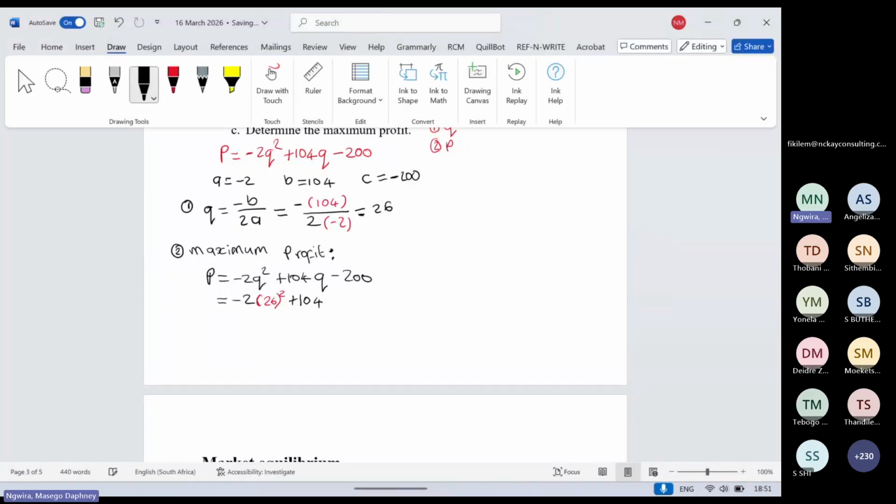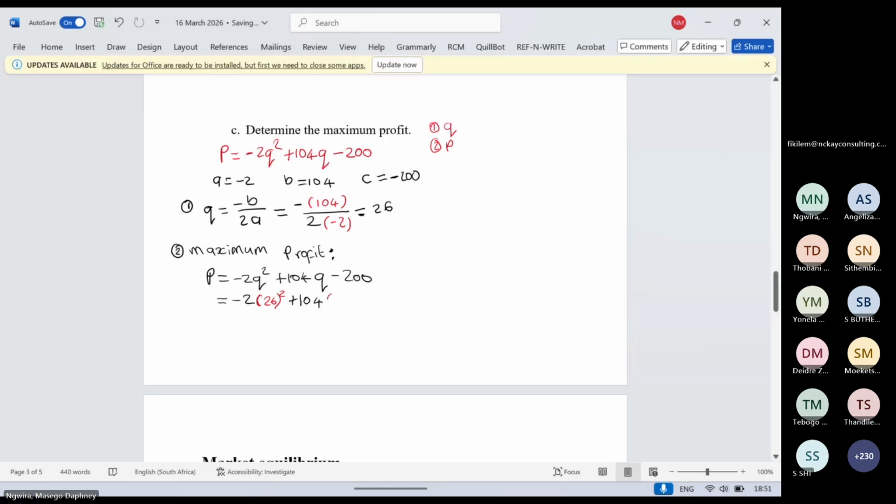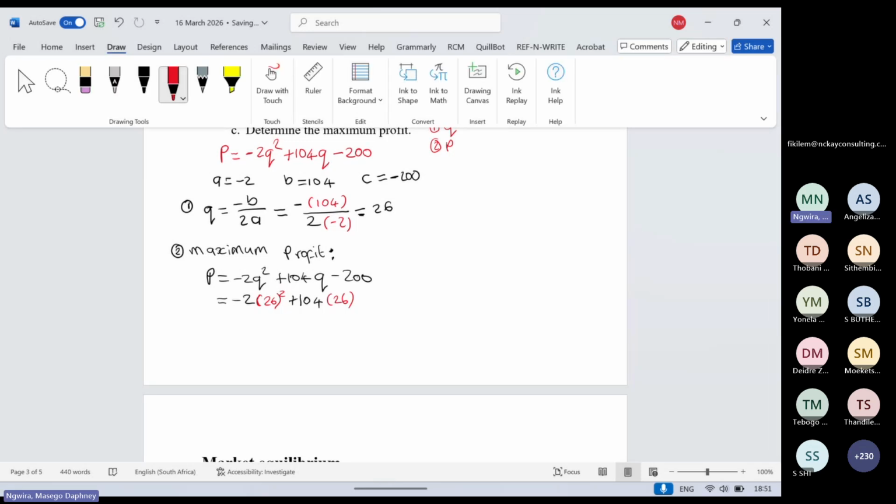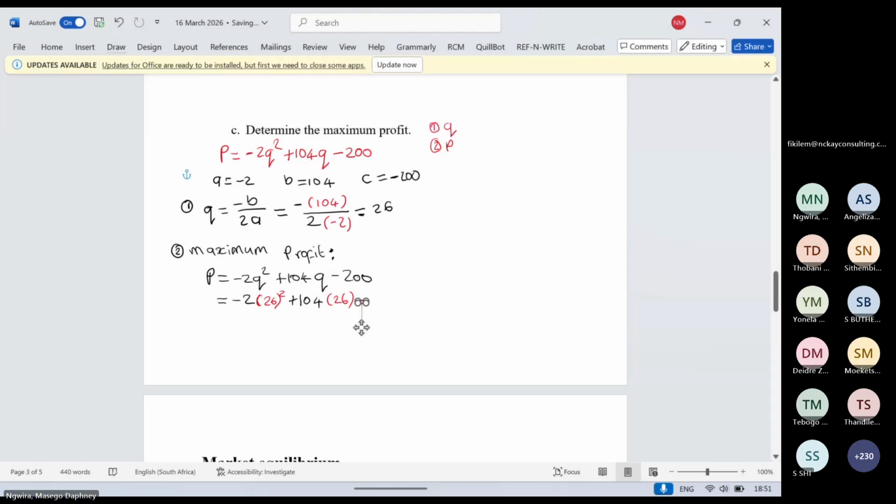Our Q is 26 units. And then minus 200. What is the answer? It's 1,152.